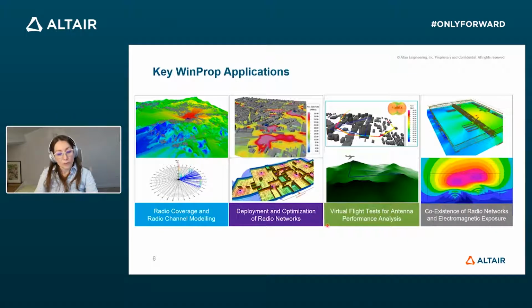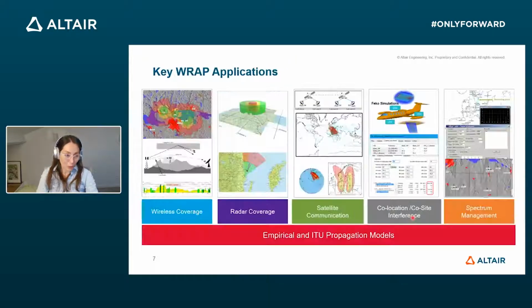And we are able to perform some virtual flight tests for antennas and perform some analysis related to the performance of these antennas when they are placed in a bigger environment, in a more real environment. And we can also perform some coexistence and radio networks and electromagnetic exposure analysis within Windprop.